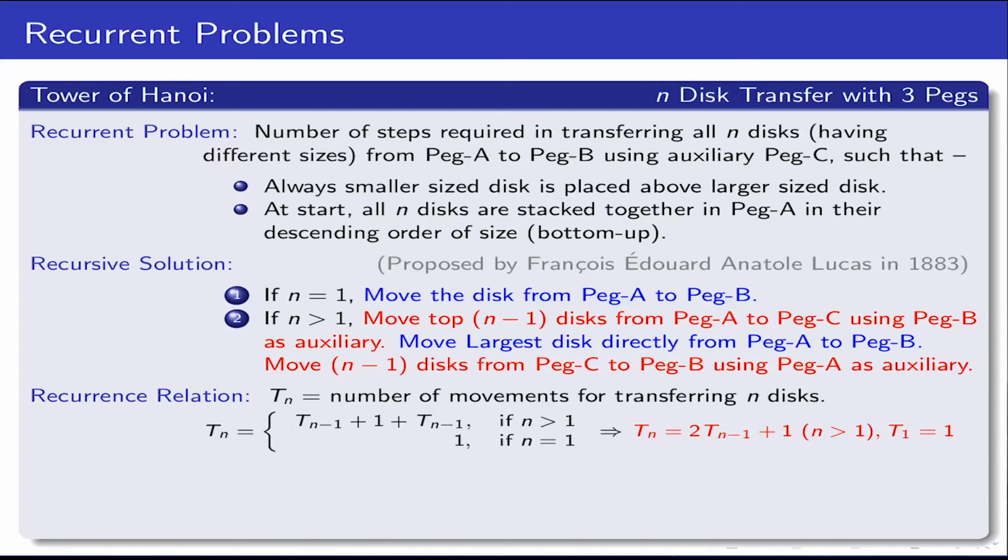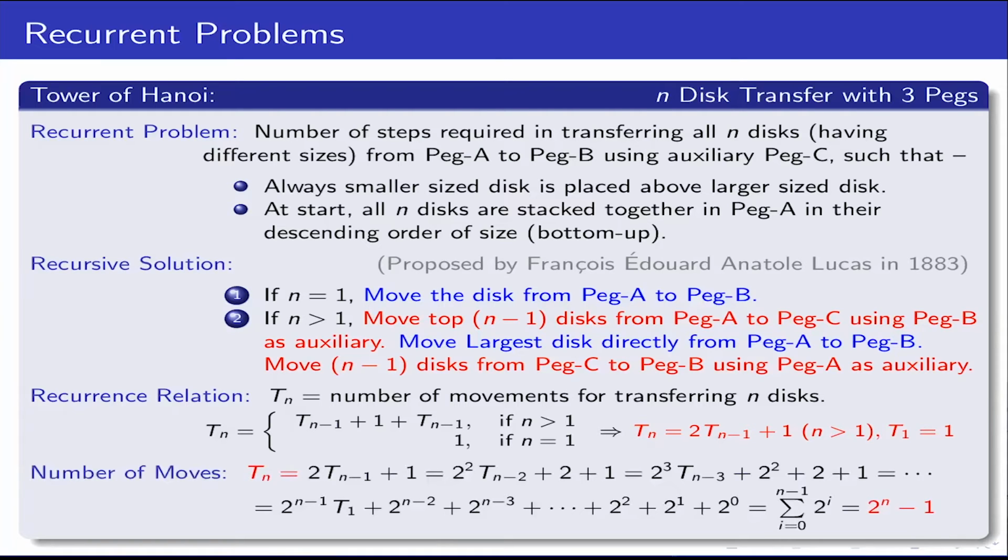Do you remember that we solved this in our introduction slide just by expanding it, or by using mathematical induction over it, guessing the solution? Now we can also do it by expanding. So we can say that Tn equals 2Tn minus 1 plus 1, which equals, this is again 2Tn minus 2 plus 1, which will be 2 square Tn minus 2 plus 2 is outside, so plus 2 plus 1.